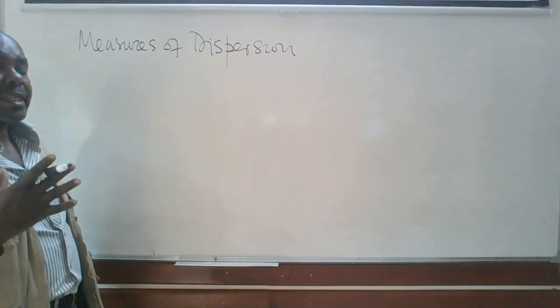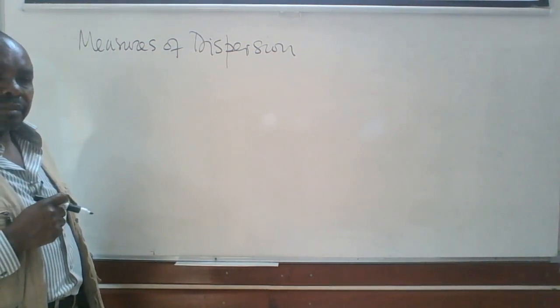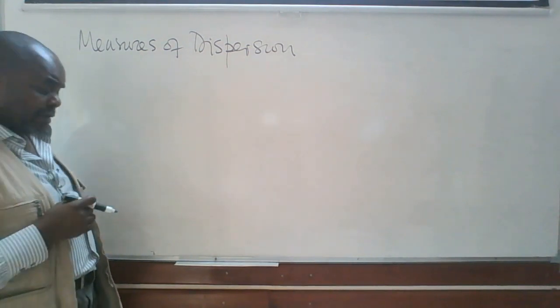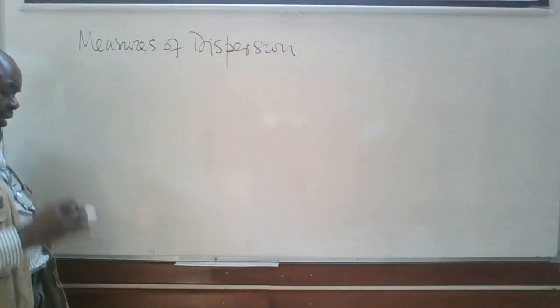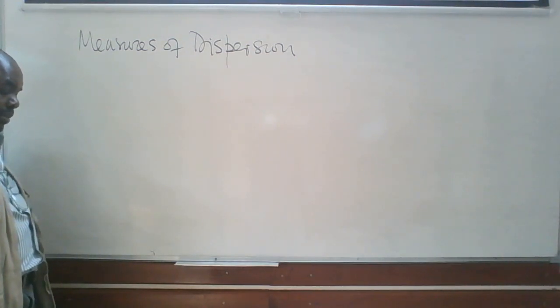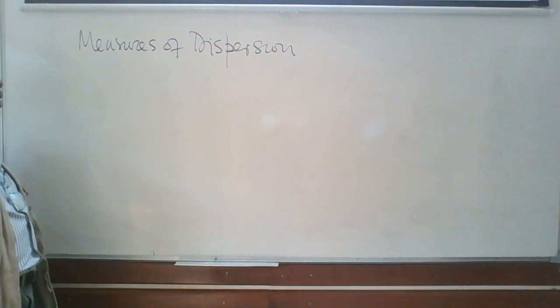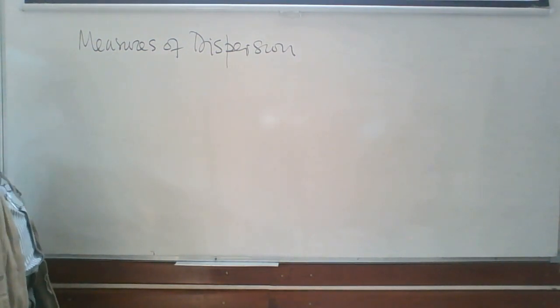We normally want data to be very near the mean, because the mean is a representative value of the data. So we want most of the data points to be near the mean. Having said that, we have measures of dispersion. These measures help us understand how our data are spread.